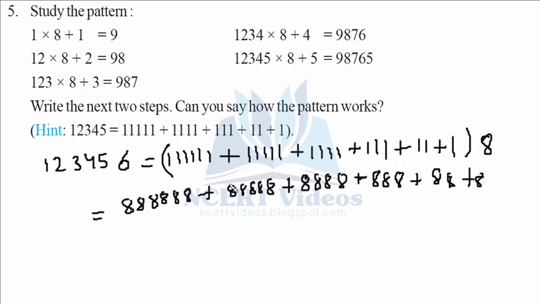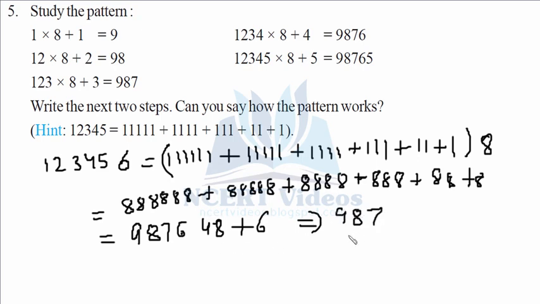When you add all of them, it turns out to be 987648. But we are left with what? We will have to add 6 also, because he's also adding the number which he has added in the first number. So it comes out to be 987654. That is the number in decreasing order, the next subsequent digits.